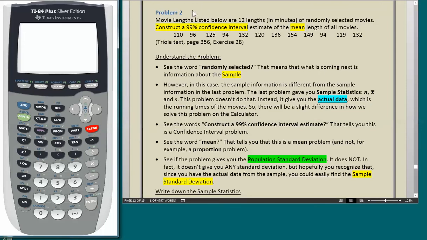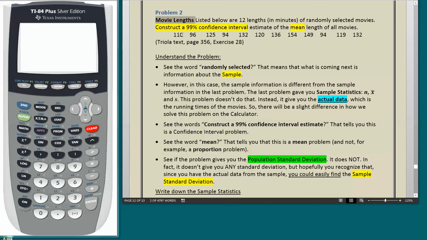Let's try another problem. Listed below are 12 lengths in minutes of randomly selected movies. Construct a 99% confidence interval estimate of the mean length of all movies.